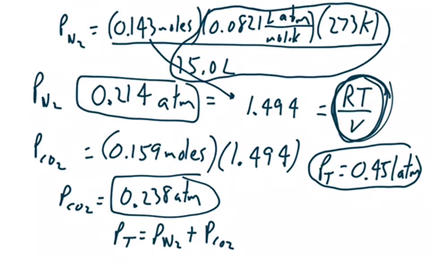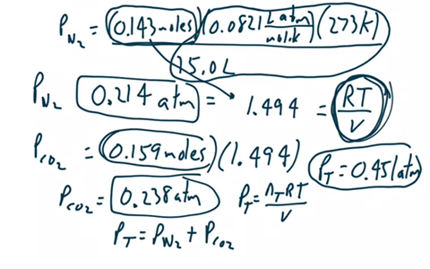And I'll show you what I mean. If you get the total moles and you solve for the total pressure, let me put here n total RT over V. Well, we already know the total moles. If you add 0.143 over here and you add the 0.159, the total moles is 0.302.